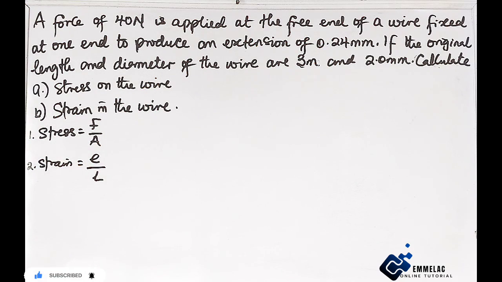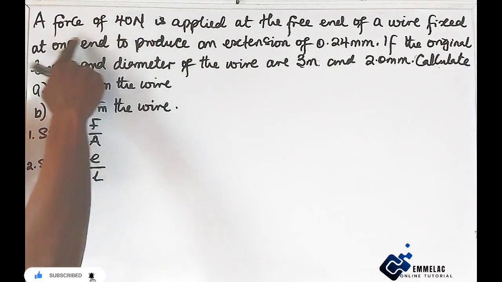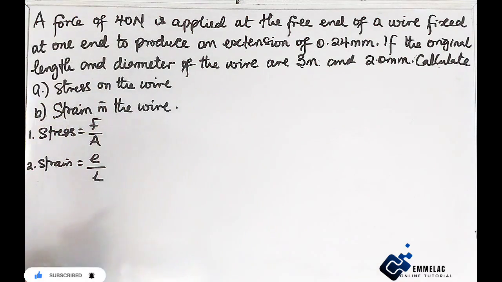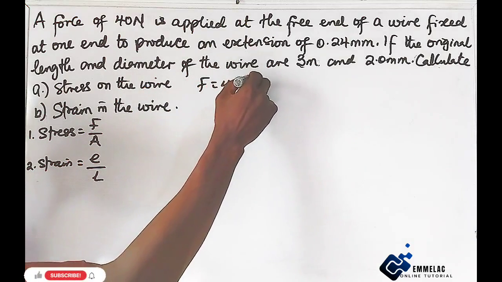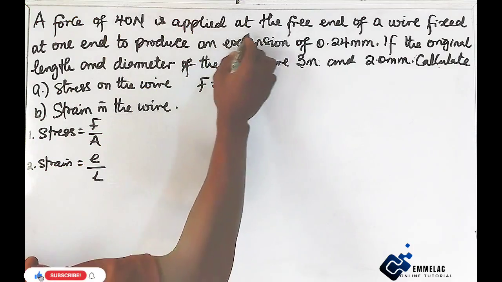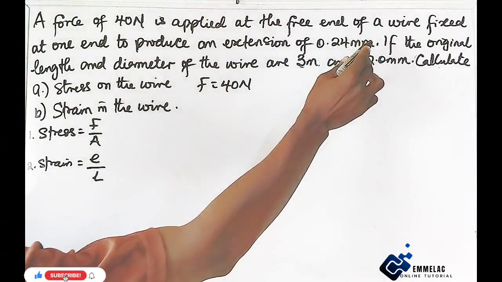Okay, now how do we get the area? For us to get the area, we need to determine what shape the material takes. A force of 40 Newton, which implies that our force is 40 Newton, is applied at the free end of a wire.